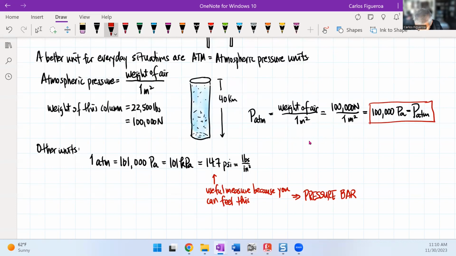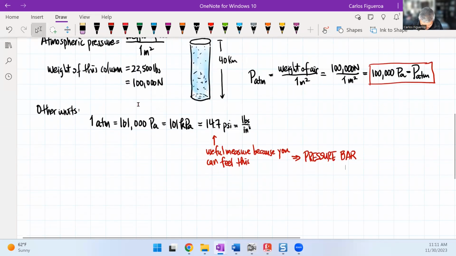And that pressure bar, you have to hold it. There's no way around it. You got to hold that pressure bar. That's 1 atmosphere. So that means atmospheric is roughly 15 pounds per square inch. So you would be holding a square inch on your hand. That's 14.7 pounds. So let's go to the lab here.